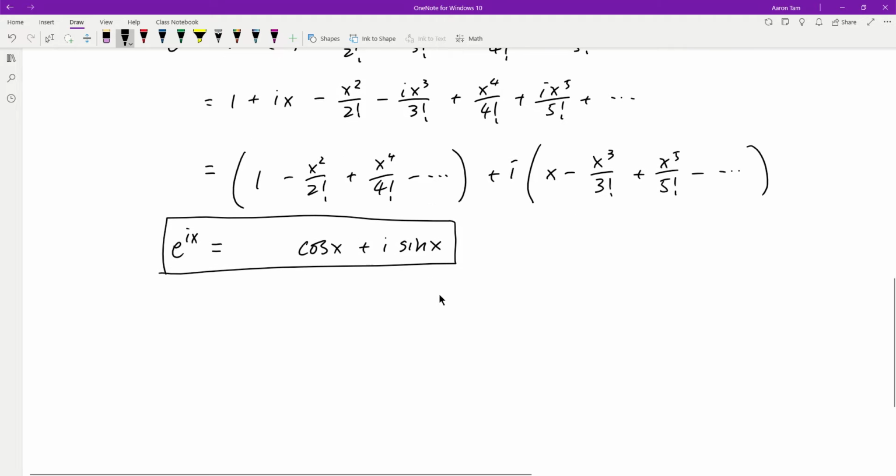Now, with that definition being defined, I can define what a complex exponential function is. So now I can define the following.